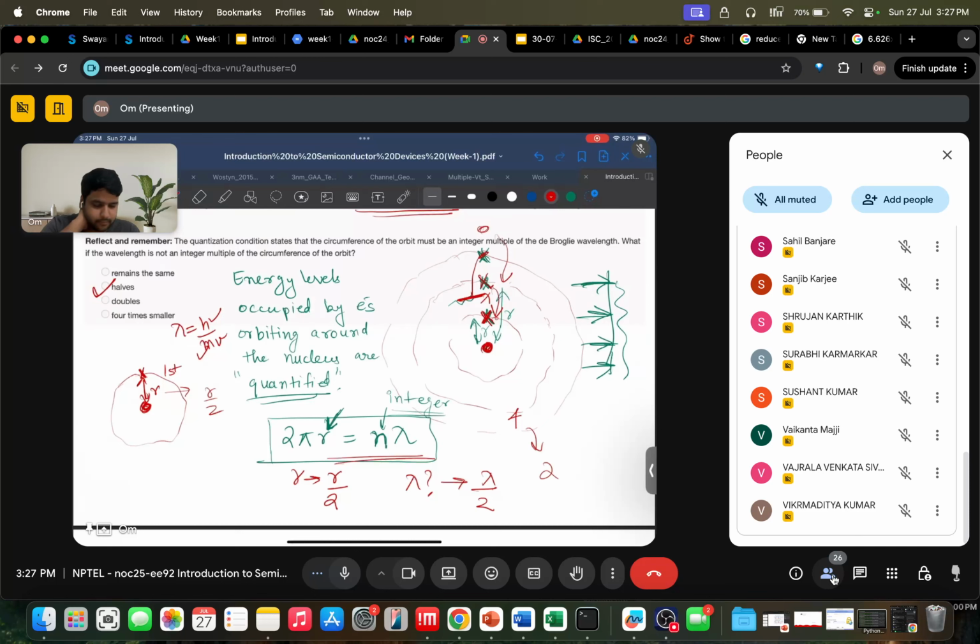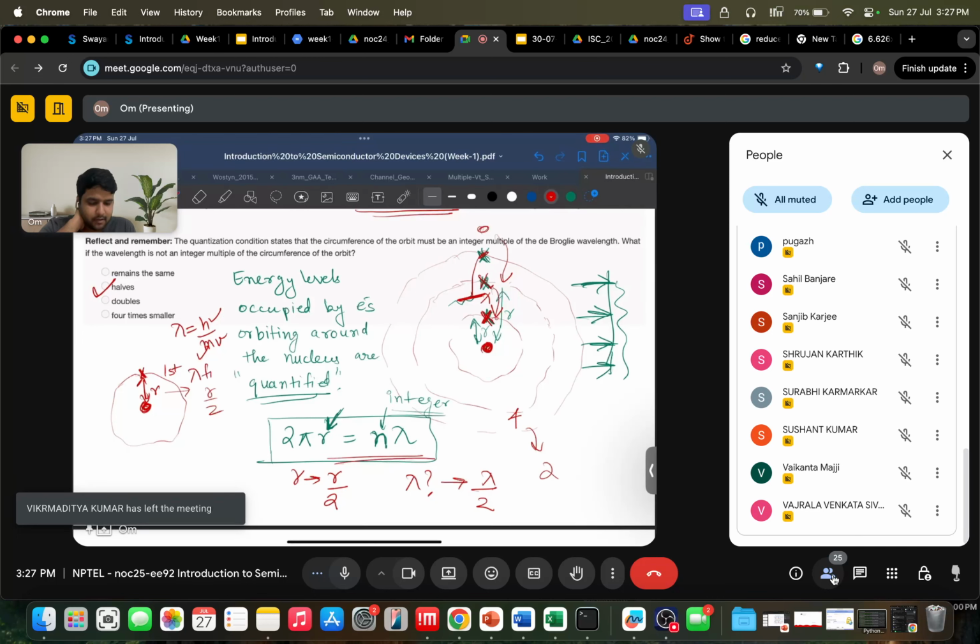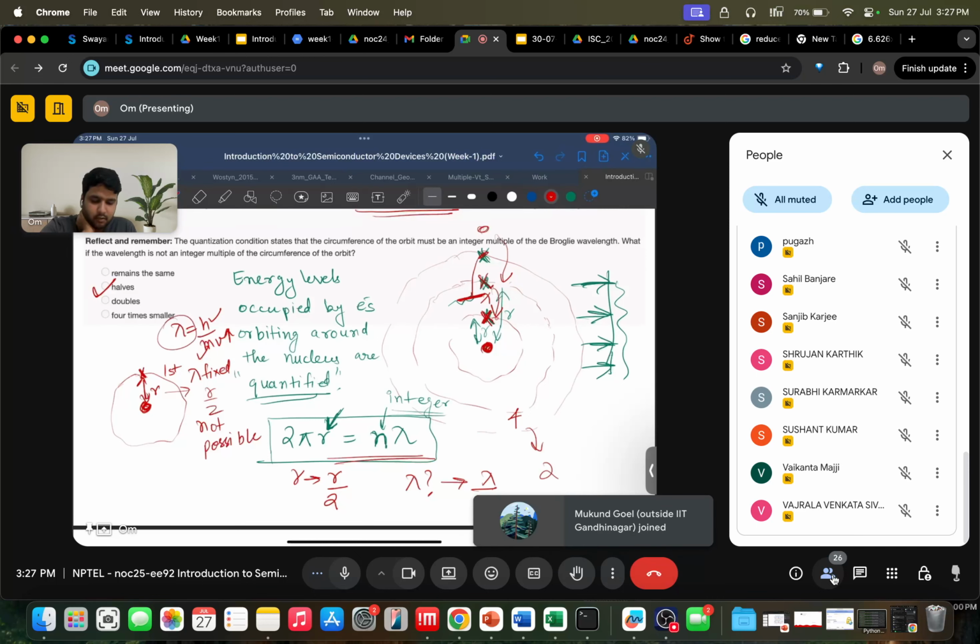But for a fixed lambda, you cannot do this transition. That's not possible. But let's say you were to increase the velocity to change this lambda, then this transition could be possible.